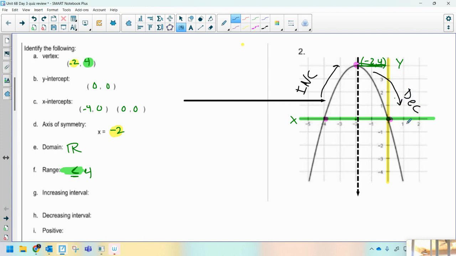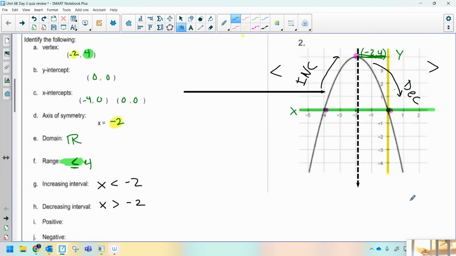We are decreasing on this side. This side is always the less than. This side is always the greater than. So we're increasing when x is less than, and we're decreasing when x is greater than. And we always use our axis of symmetry, -2, -2.